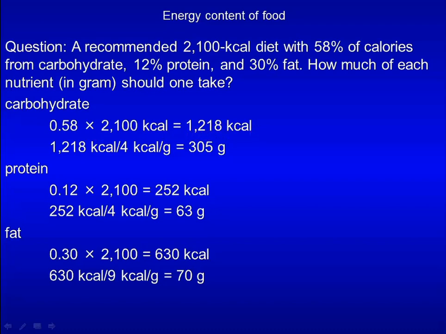Each gram of carbohydrate provides 4 kilocalories of energy. This number divided by 4 gives you the amount of carbohydrates one should take, which is 305 grams. Using the same method, you can obtain numbers for protein and fat.